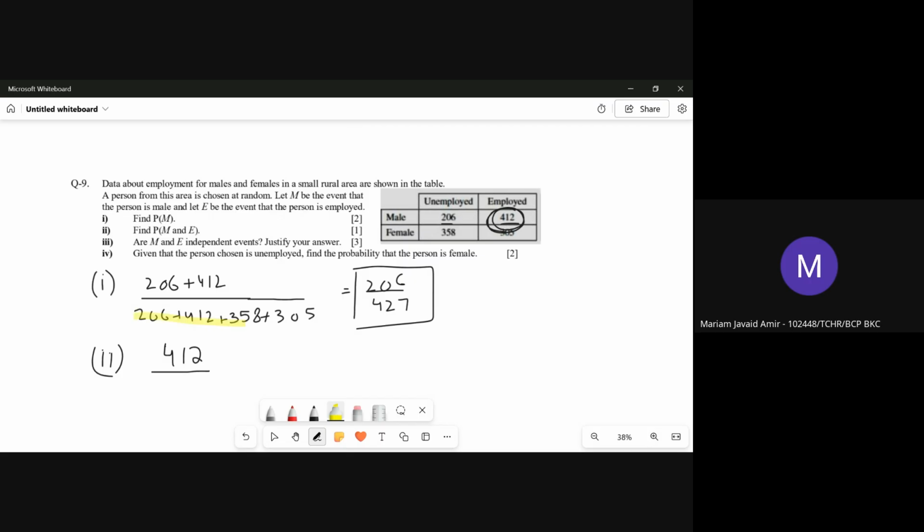No, I did not write the total, so I'll have to add these together again. 206 plus 412 plus 358 plus 305. So it's going to be 412 employed males out of 1281. Sorry, 1280.